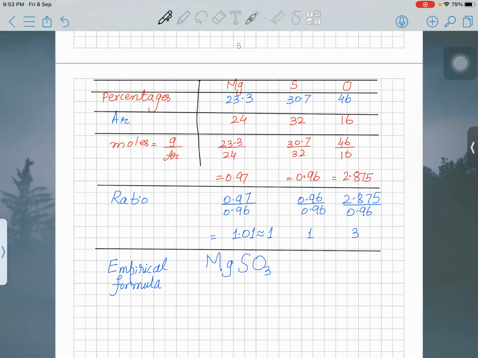So the empirical formula is MgSO3. Now next question.